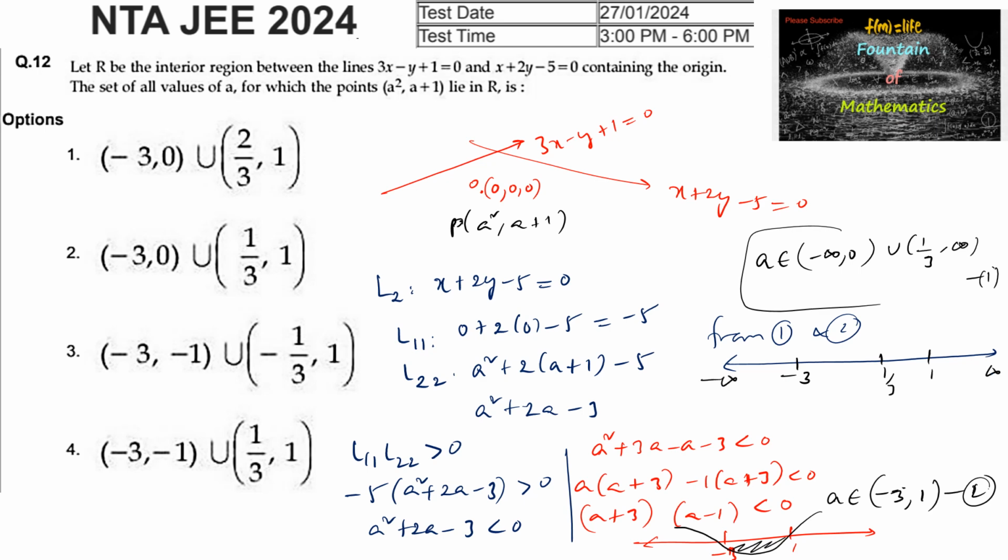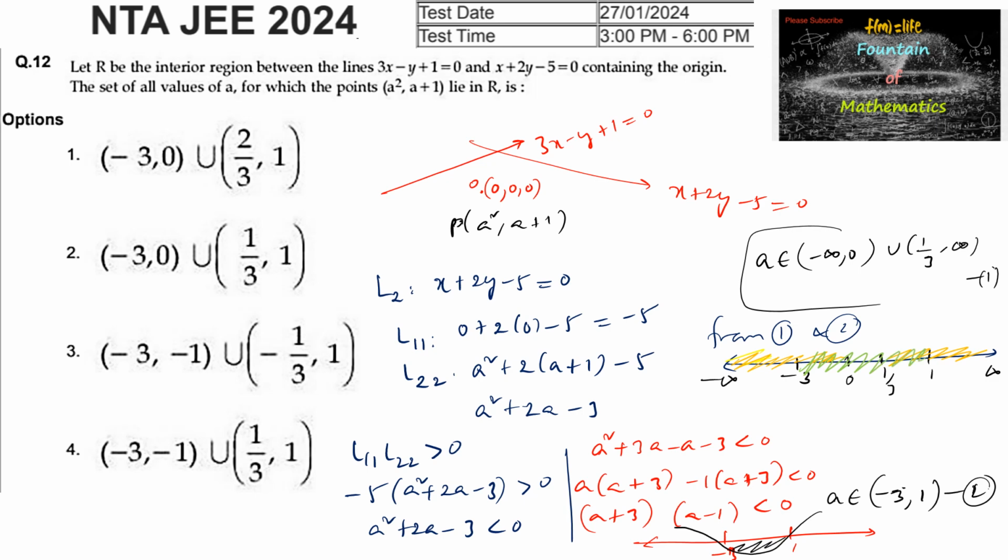From the first one, the region is from minus infinity to 0, and again from 1 by 3 to infinity, and in the second case, minus 3 to 1, and we can find the common solution.